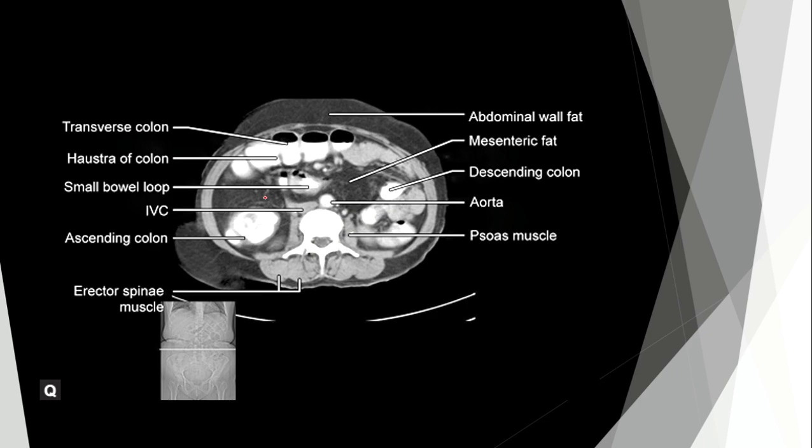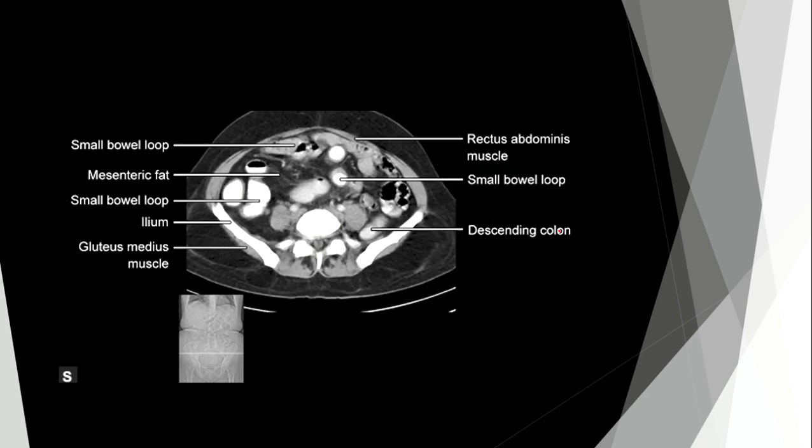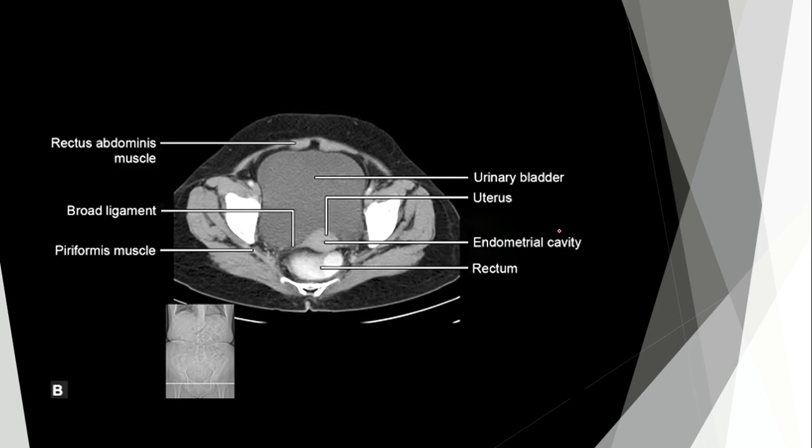Here we see the transverse colon, small bowel loop, uterus, urinary bladder, and rectum. I want to talk again about this.